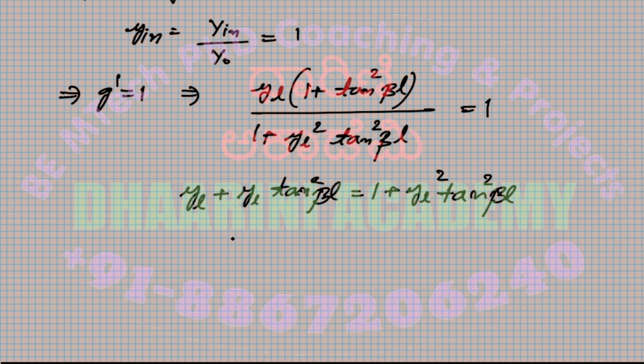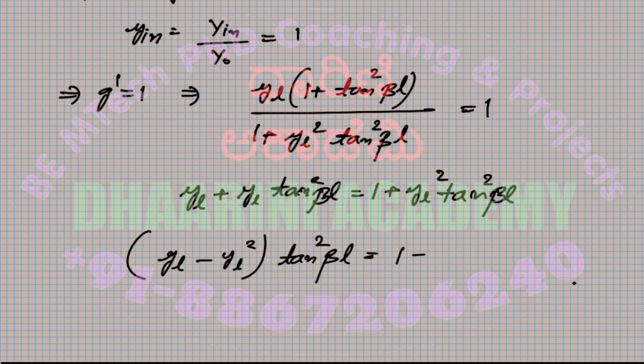The tan terms I bring together. On the other side, I have a minus YL, so I'm taking the right hand side to the left side. Okay. So there is YL and YL square inside the bracket. The tan square term is common. Beta L is equal to 1 as it is.